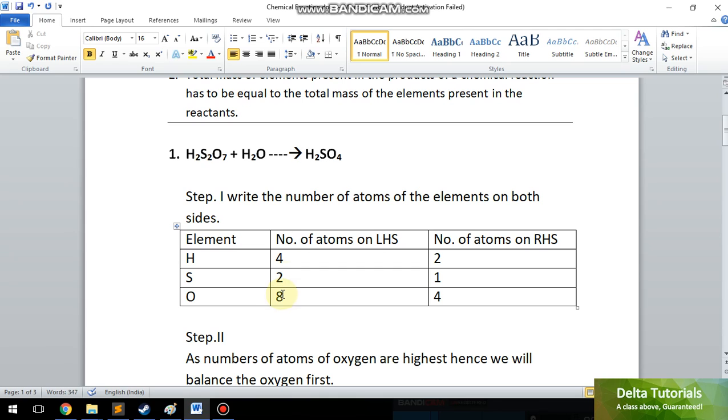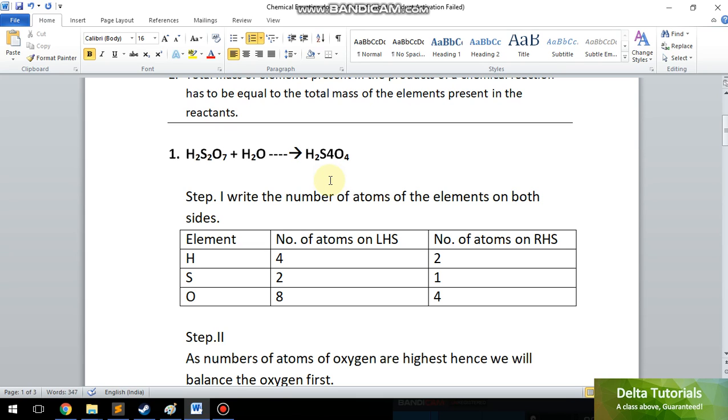Now we need to balance oxygen. Here 8 oxygen atoms are there and here only 4 oxygen atoms are there. Now some people will say, what will happen if I write 4 in this place? It is completely wrong. See, because of writing 4 in between S and O4, the formula of the H2SO4 compound is getting disturbed.